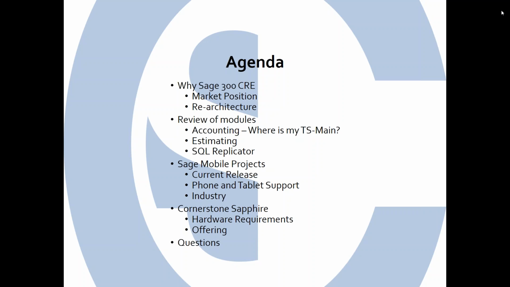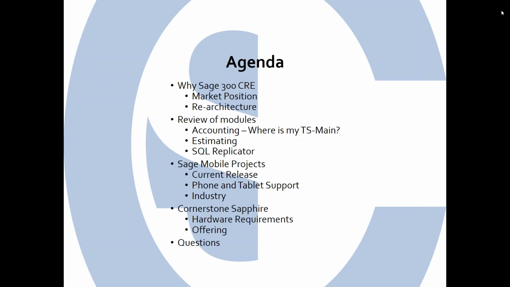And then Sage Mobile Projects. Sage Mobile Projects is the first mobile piece being released that is tied in to the accounting database real time. There will be subsequent things that come from there. So we're going to talk about where that product stands today and how it operates. We'll take you through a presentation on that as well.